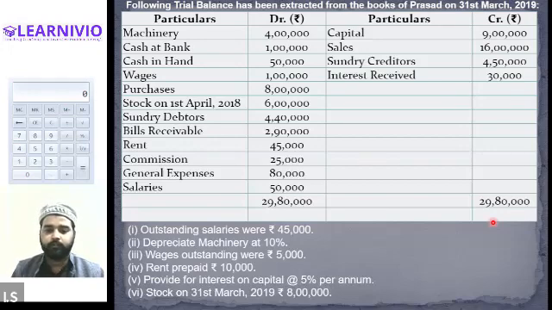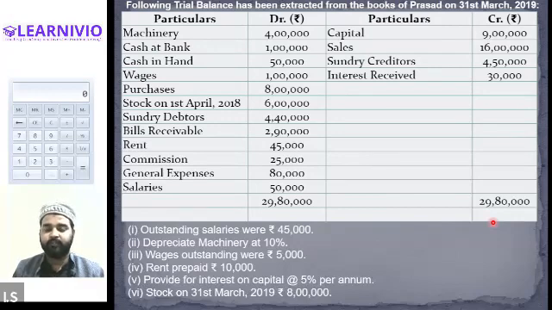Okay. So this is incorrect, guys. As rent is prepaid, that means the rent does not belong to the current period. The due date for the rent will be at some future date. So rent that is prepaid, that has been paid on advance basis, does not belong to the current period. Therefore, we will have to reduce it from the rent paid.